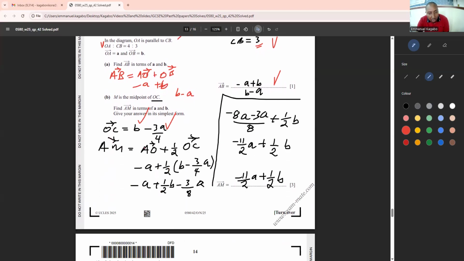So AM is AO plus a half of OC, and AO is negative A. Remember, I was looking for AM, guys. That's why I had to do a half of that. So you collect your like terms here. When you open the bracket, you put this one and this one together and find the LCM, which gives you this, and that is your final answer.